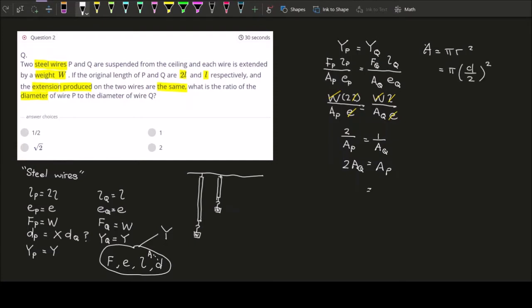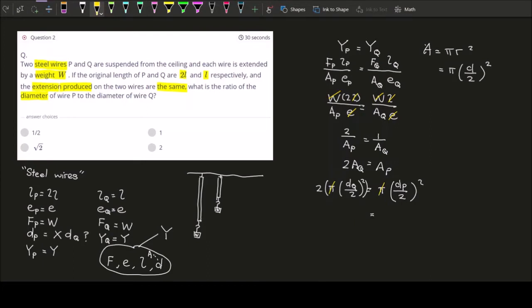So with that said, you can say this is equal to 2 pi dQ over 2 squared times pi dP over 2 squared. So again, we can cross out some stuff. We can cross out the pi. Then we are left with this.